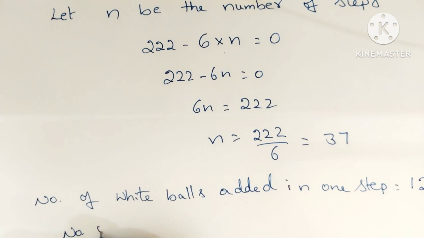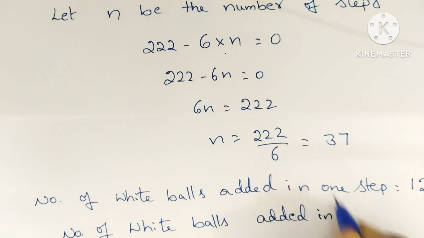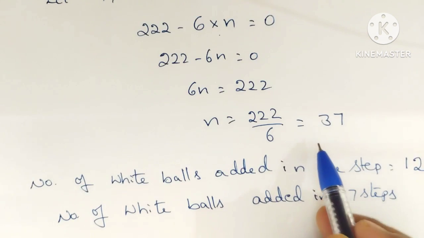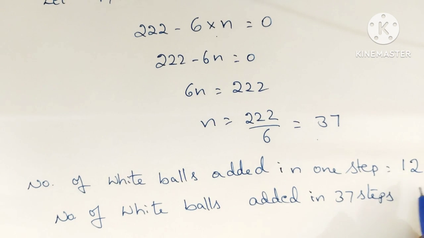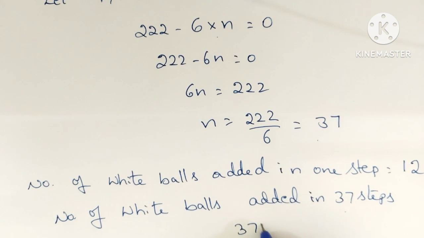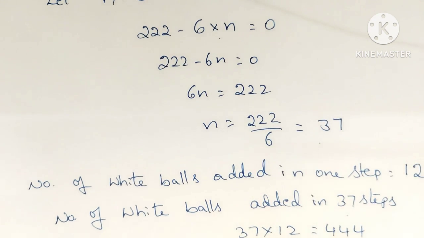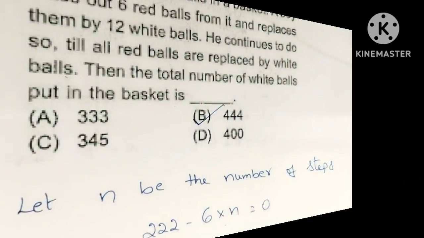So the number of white balls added in 37 steps. Total 37 steps. In those 37 steps, how many white balls he kept? In each step he kept 12. So total 37 steps, 37 into 12, which is equal to 444. So the total number of white balls is 444. Option B is the correct one.